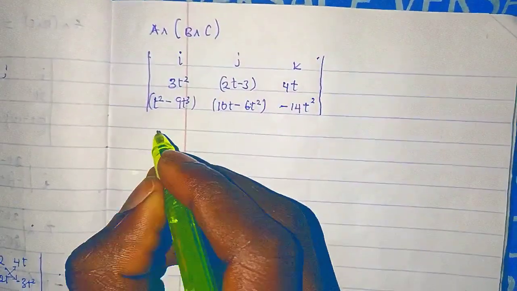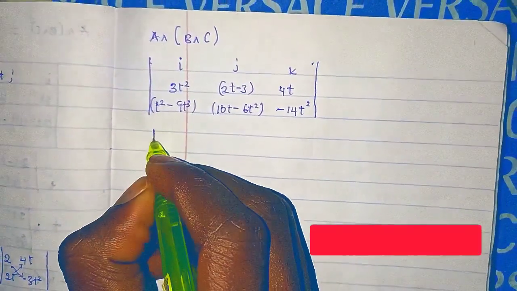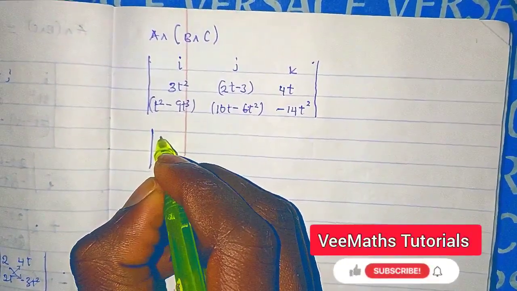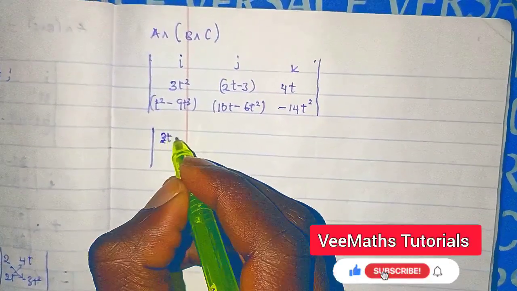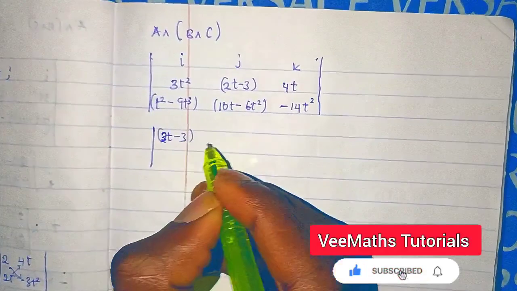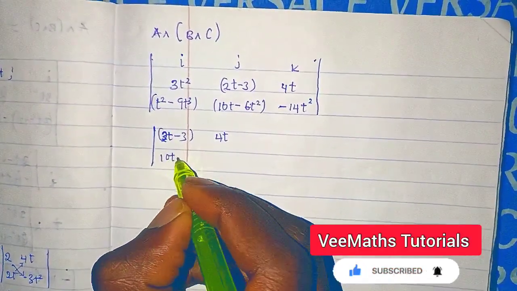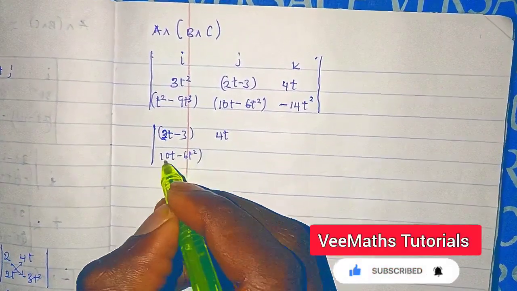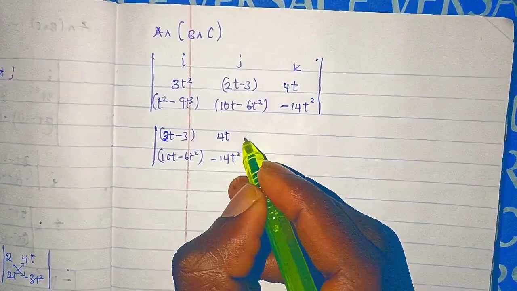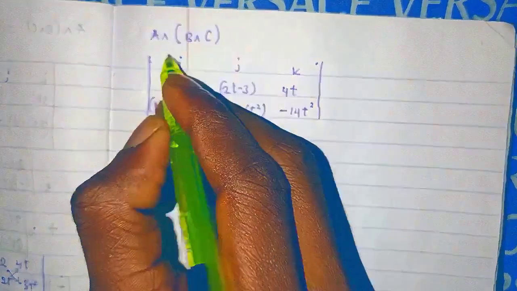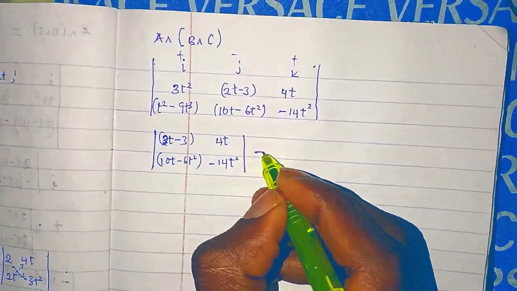So as usual, what do we have here? We'll pick these two. We'll have 3, okay, that's a 2. We'll have 2t minus 3, and then a 4t here. We'll have 10t minus 6t squared, now minus 14t squared. This is because it's plus minus plus, so this is minus.